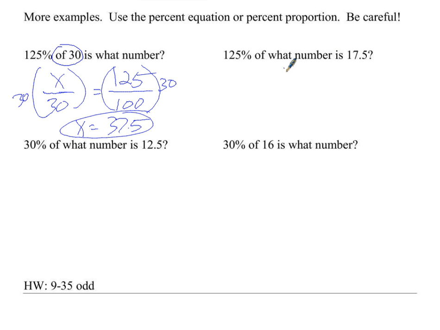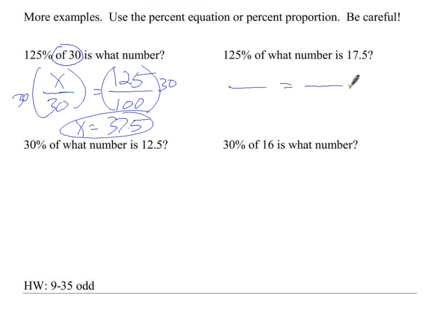Is this number going to be bigger or smaller than 17.5? Smaller. 125% of a smaller thing will give me a bigger thing. So if I'm winding up with the 17.5, I must have started with something smaller.